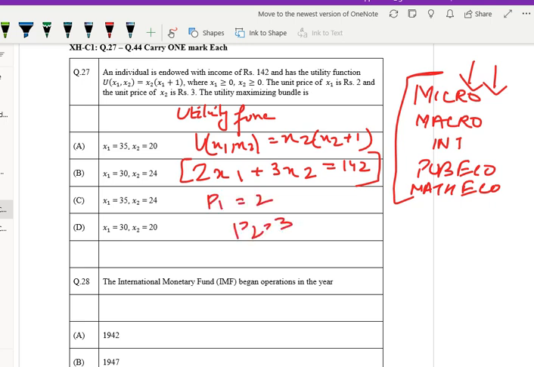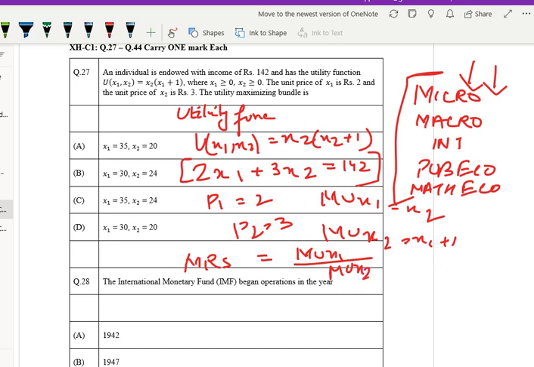First you have to find out the marginal utility of x1 and the marginal utility of x2. So marginal utility of x1 is x2, and marginal utility of x2 is x1 plus 1. So we know that MRS is MUx1 by MUx2, that is x2 by x1 plus 1.